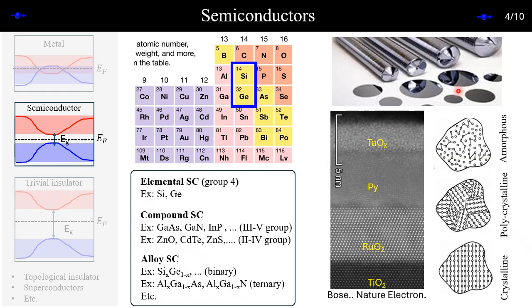Now, we have the material. So this is an EM image of a stack which we have grown in one of our works. So this is a TEM image. There you can see three different things.